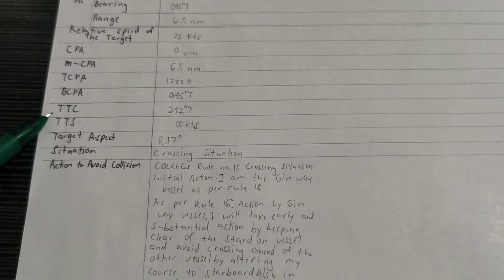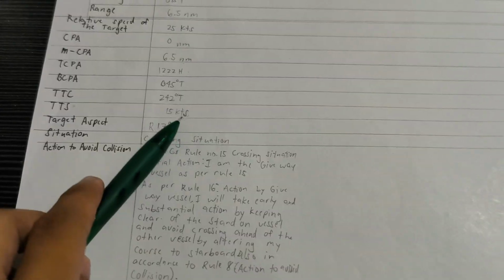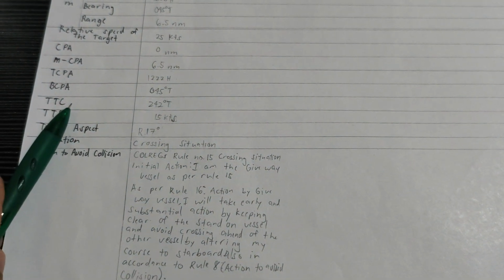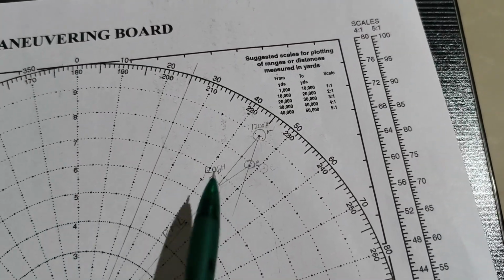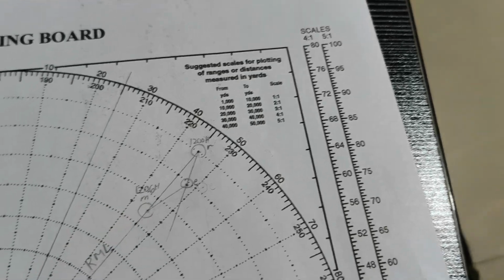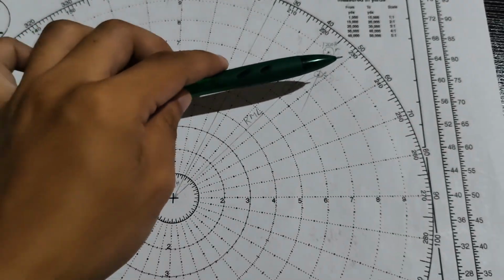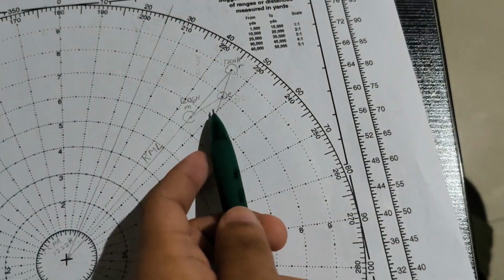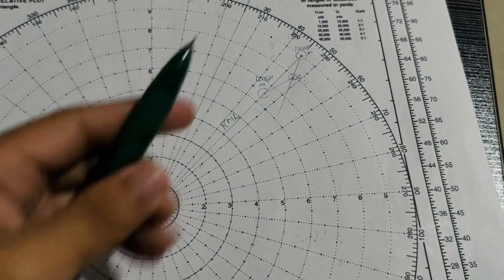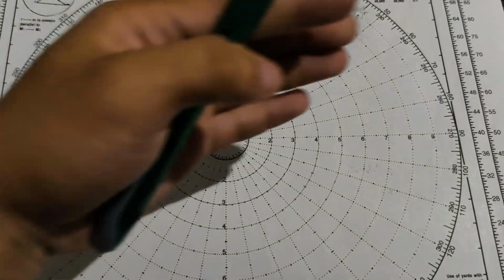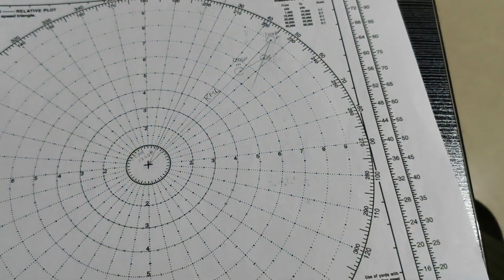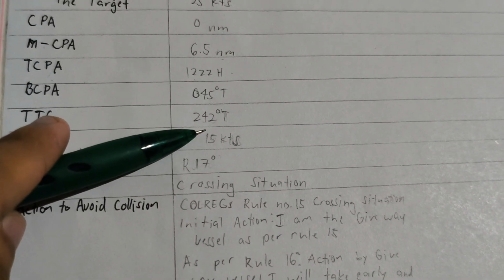The next are the TCC and the TTS. To determine the target's true course, TCC is measured from the E to M on bearing. So we drag this line to here, we use a triangle, and then we come up with 242 degrees true.